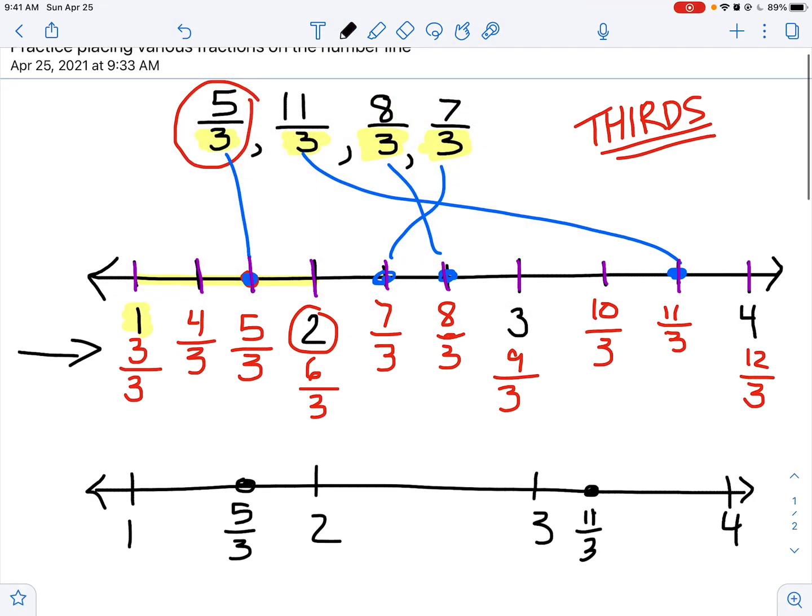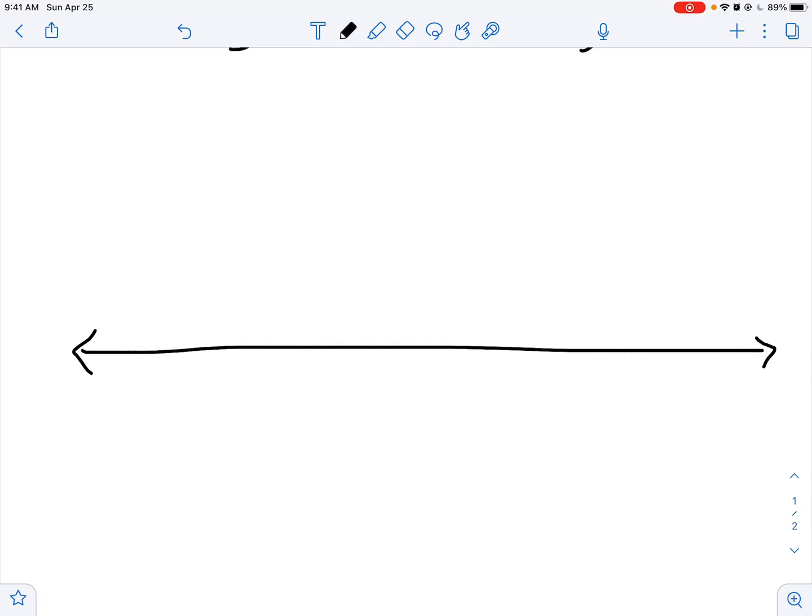Let's take a look at one more example. Let's say we have this number line here, and let's say that this time we're going to start with the number 2, and we'll go 3, and we'll go 4.